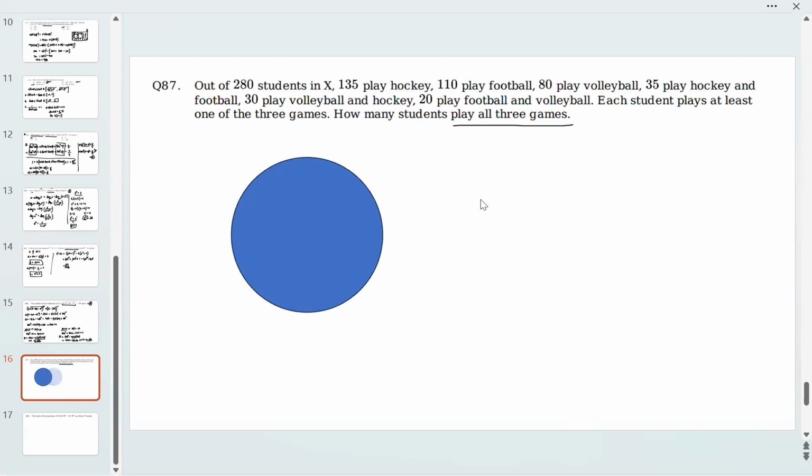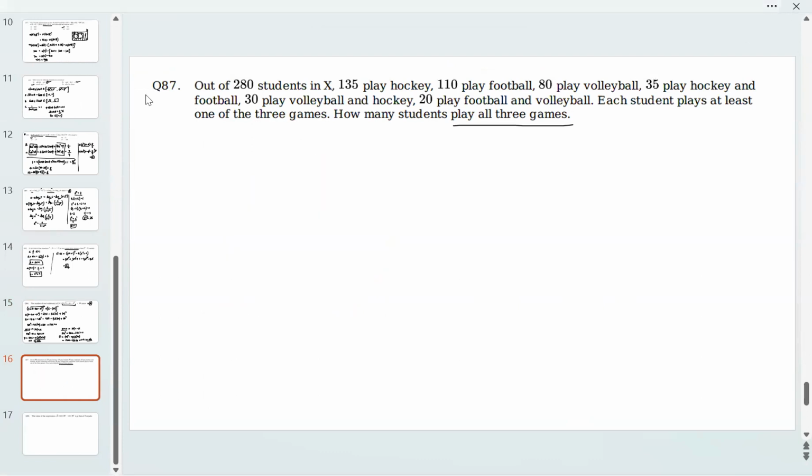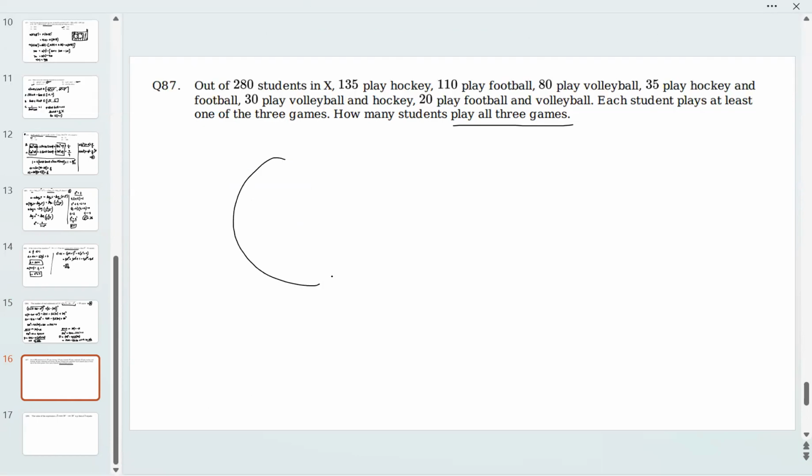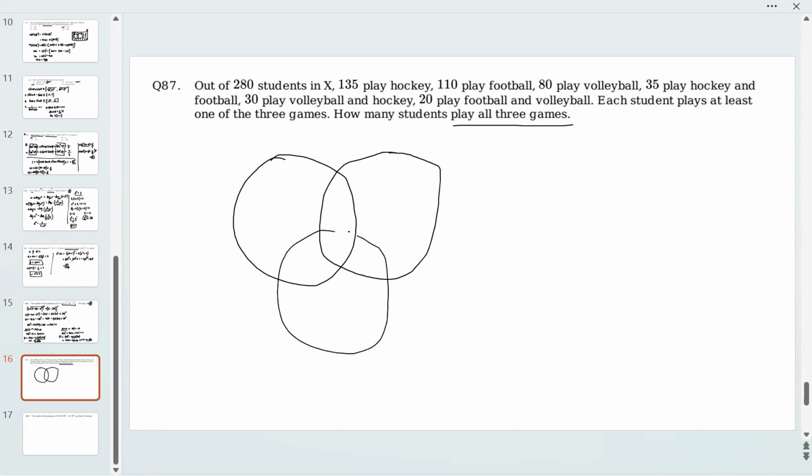Oh no, this will not be possible. Okay, let's just draw the circles. So if we draw the circles, this will be 1, this will be 2. I'm trying my best to draw a good circle, and this will be 3. So let this circle denote hockey, this circle denote football, and this circle denote volleyball.